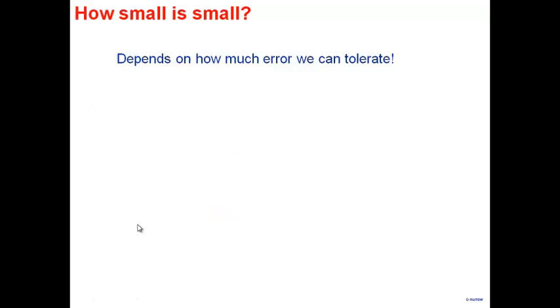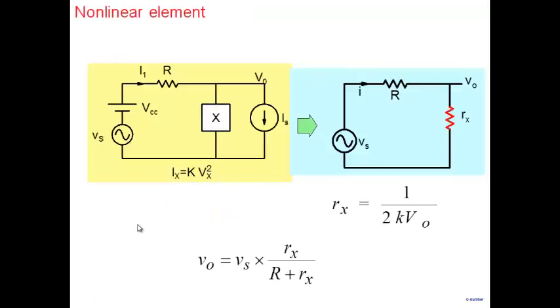So one of the ways of checking it is to use the model, deploy it, analyze it, find out what the values of the voltages are, and check whether this particular voltage is small enough for your accuracy or not. So that's the meaning of a small signal model. What is a small signal model?